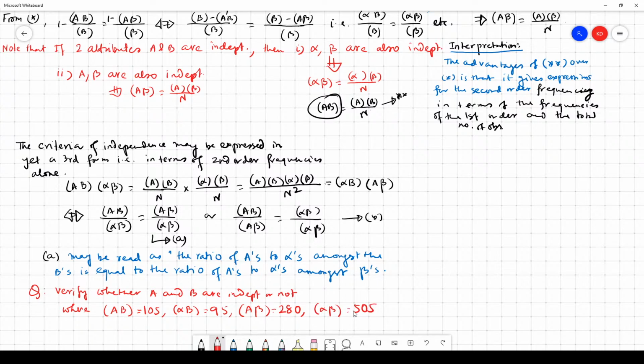Okay, so please verify whether A and B are independent or not using this criteria. This is your homework.